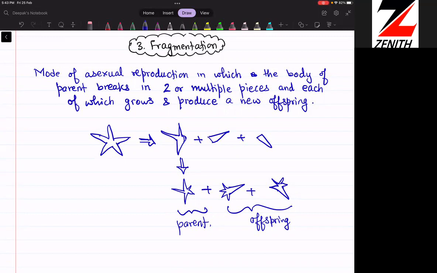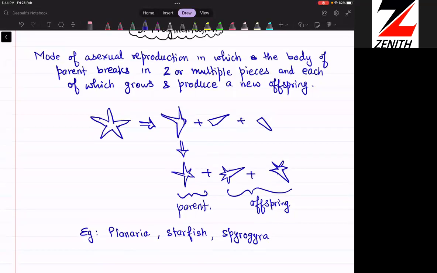What are the examples for this? First I said was planaria. Second is Spirogyra. Then starfish. Spirogyra is from the plantae kingdom. And Hydra also shows this.